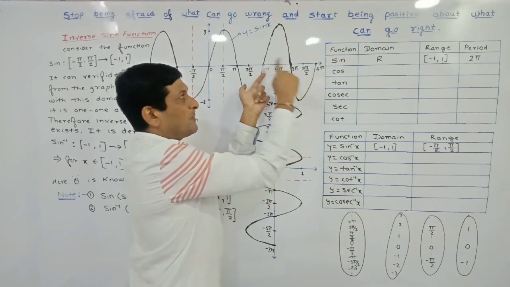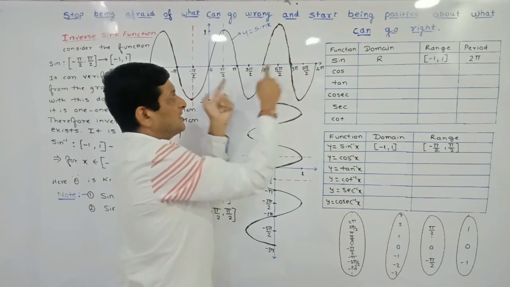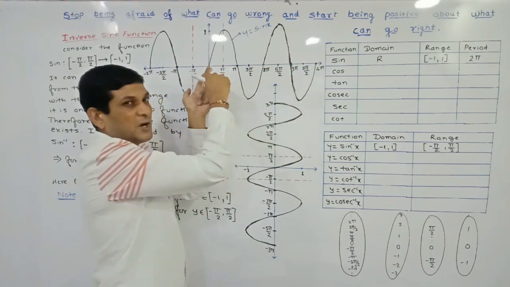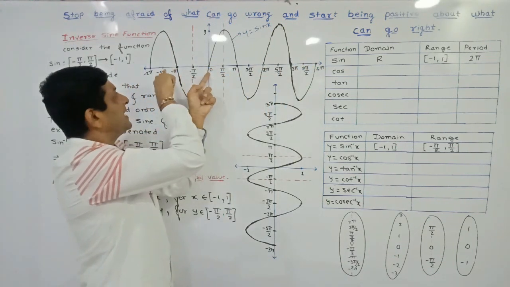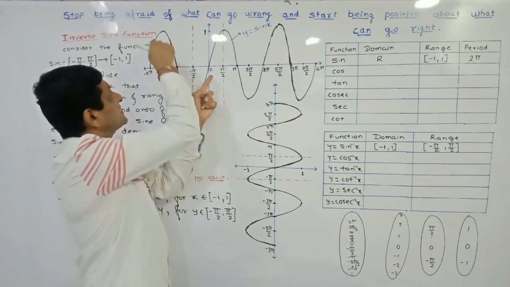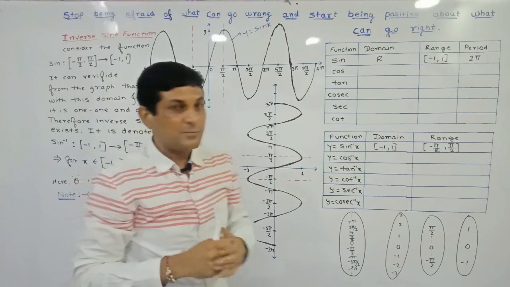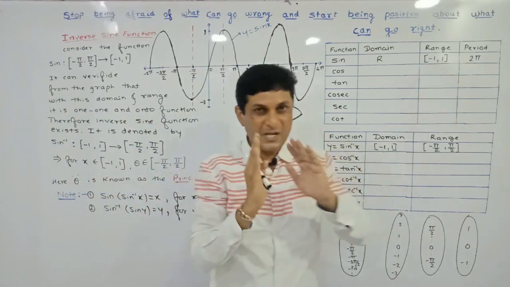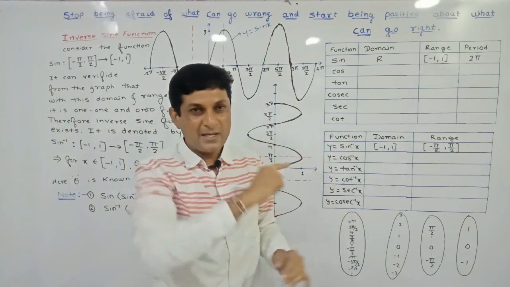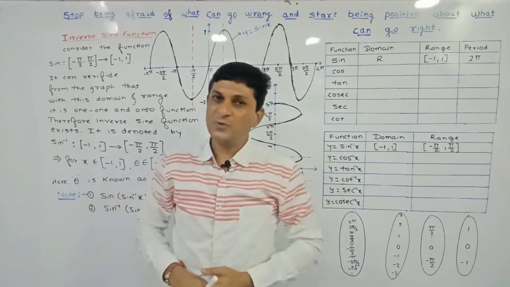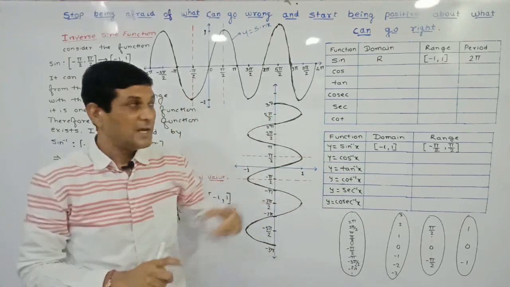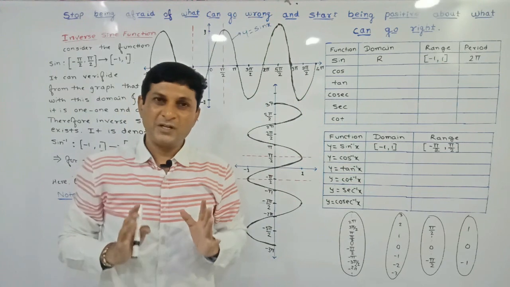Take the difference, 4 pi minus 2 pi is 2 pi. Here also 2 pi minus 0 is 2 pi. So again the same graph is repeating, after every 2 pi the same values are repeating. We can say that sine function is periodic and its period is equal to 2 pi.